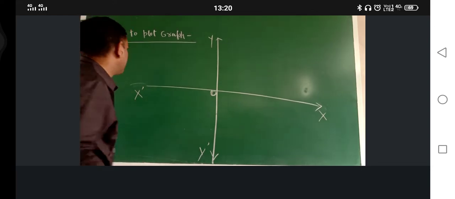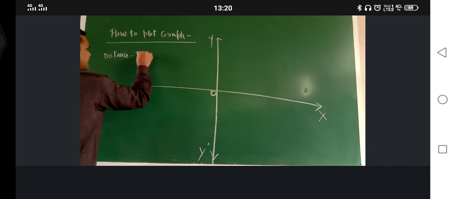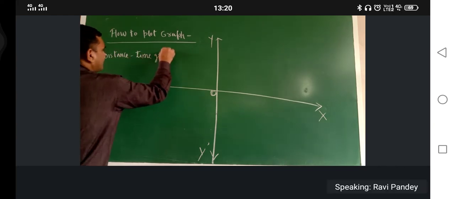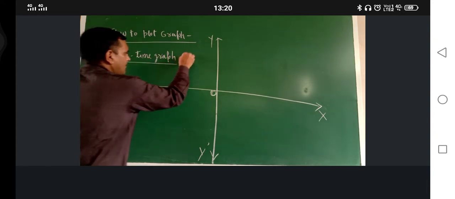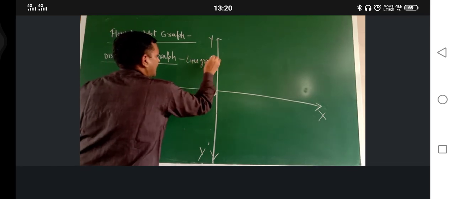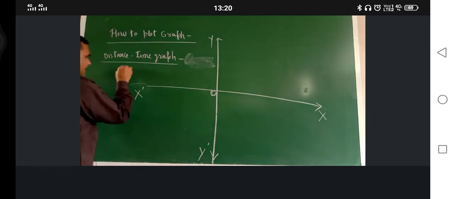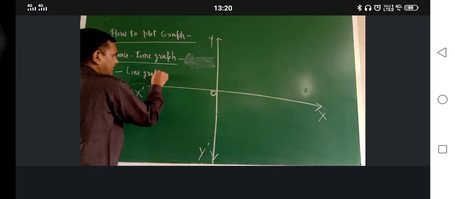Now just see, basically we are plotting a distance time graph. Distance time graph is one type of line graph. What is this one? Line graph. Just write down here, it is one type of line graph.